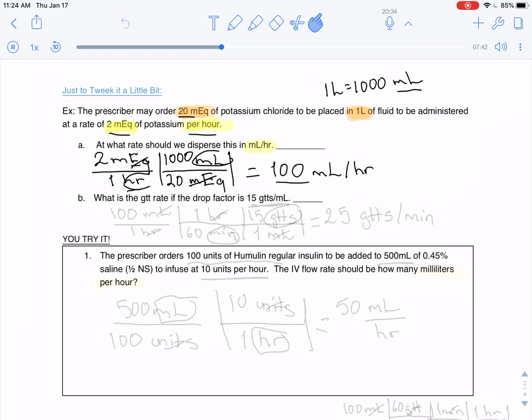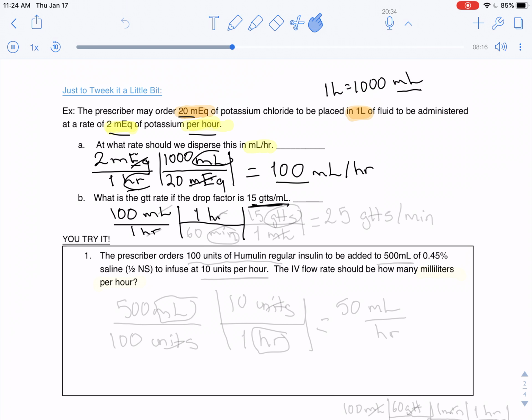And now the second part of this problem wants us to take our previous answer and change that in accordance with 15 drops per milliliter. It wants us to find the rate for that. So we're going to take our previous answer, and then we convert the hours to minutes.